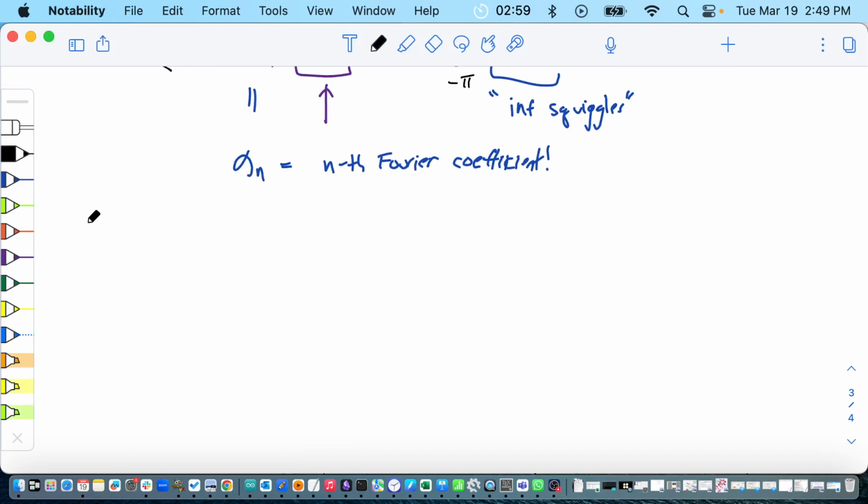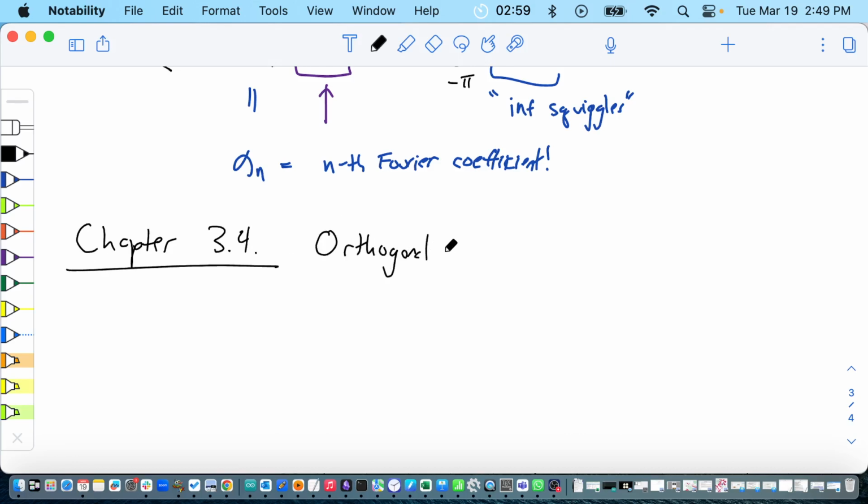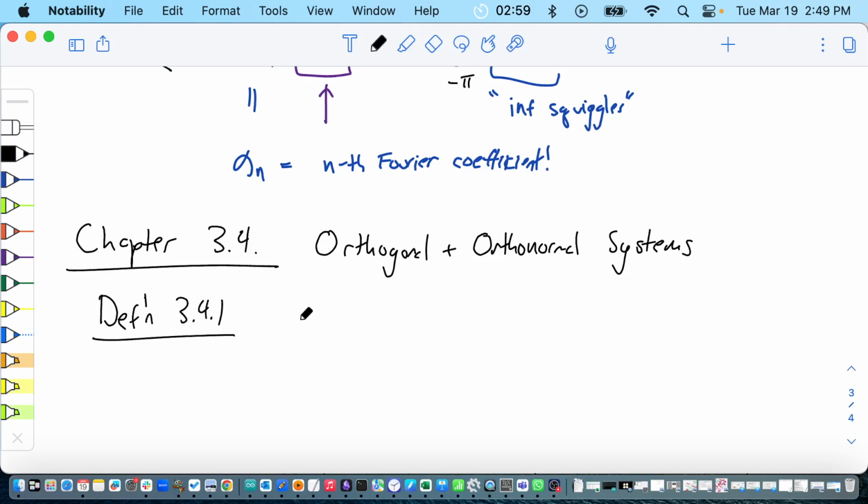So we're starting chapter 3.4, which is on orthogonal and orthonormal systems. We're going to start with definition 3.4.1, which says, what is an orthogonal system?